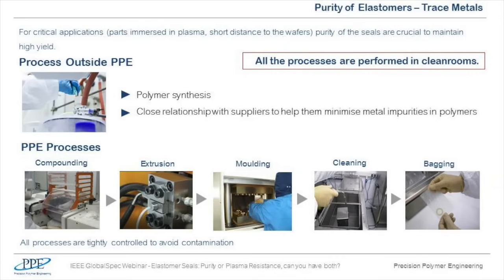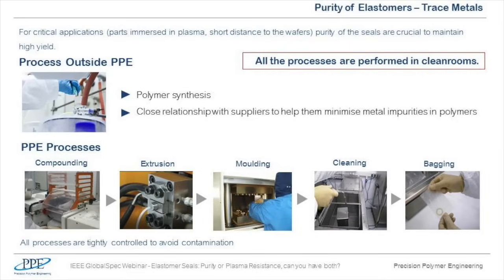What we are seeing now is a trend that end users are becoming less tolerant to metal oxide type filler systems like titanium dioxide, and I assume it's to avoid contaminating the device and effectively altering the switching characteristics or the electrical parameters of the device.